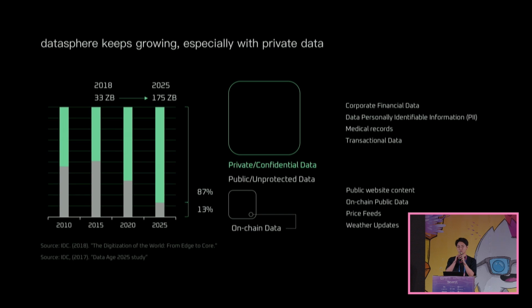With the increase of haptic devices, every transaction, every interaction that you have on the internet could mean some sort of private data generated. Since this sort of data is very easily generated, there's much more private data than public data. And the private data sphere is projected to be 7 times larger than the public one by 2025.